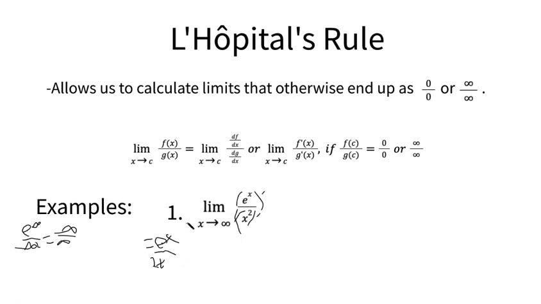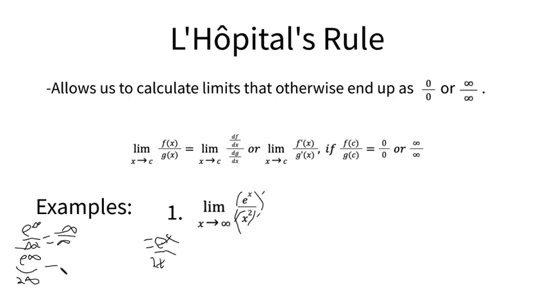Now if you plug x equals infinity into this, you end up with e to the infinity over 2 times infinity, because it's 2 times x.